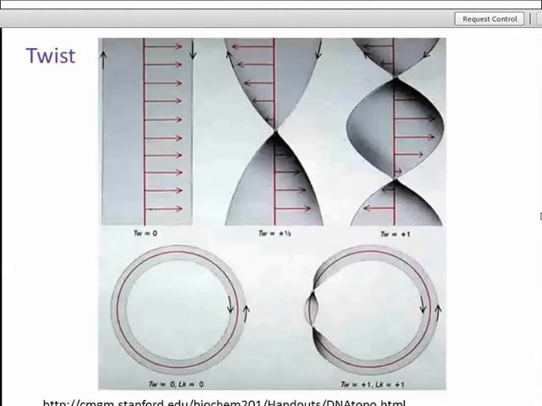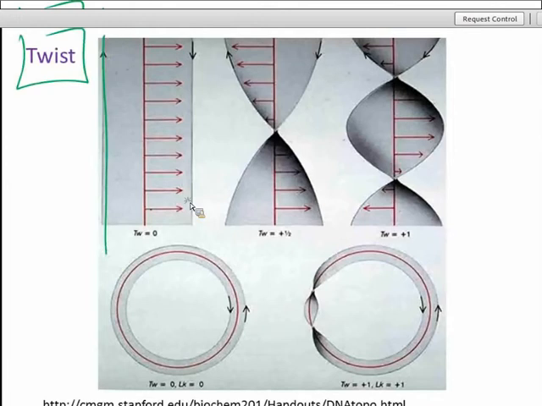Because your DNA does twist, we drew our two strands like this, but in reality, DNA is right-handed, so this should be our basic twisting. It's like a right-handed screw, so you can kind of fit your right hand in here.